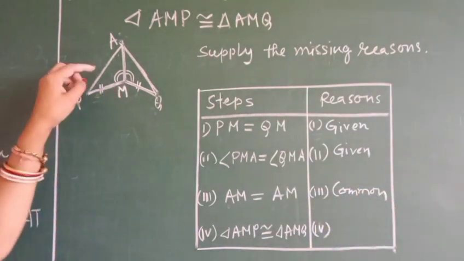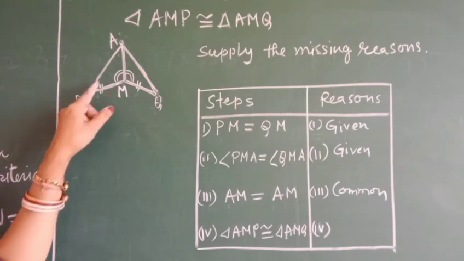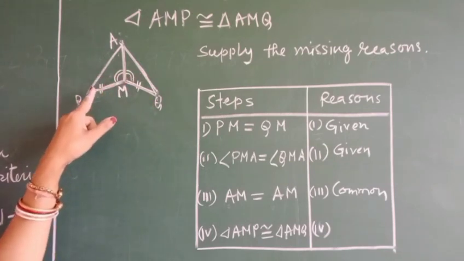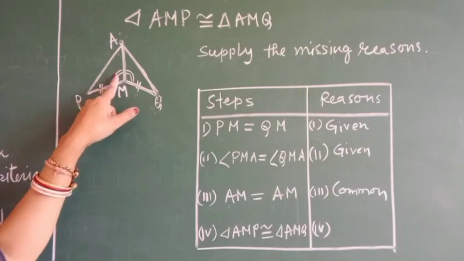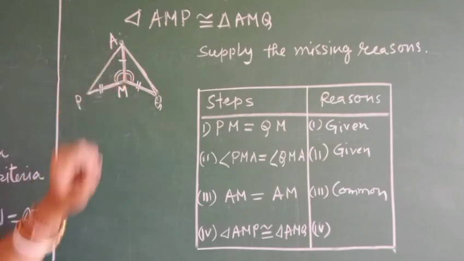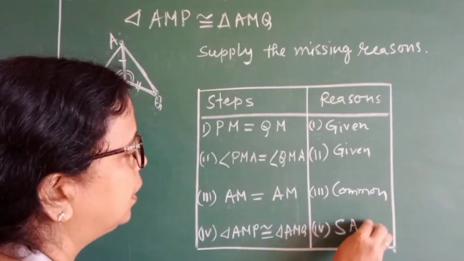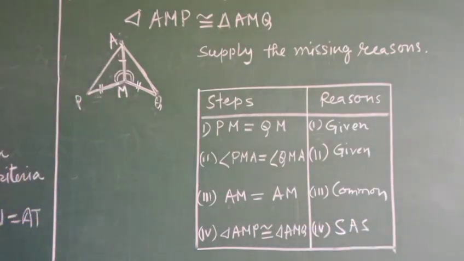Now what will be the criteria by which you can say these two triangles are congruent? See, side, then angle, and then a common side in both triangles. So side angle side will be the criteria. Okay. Thank you students. Practice this.